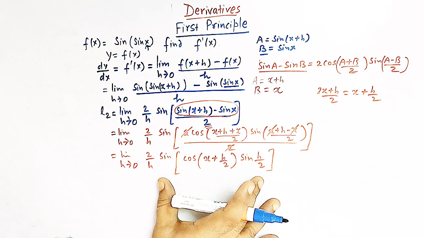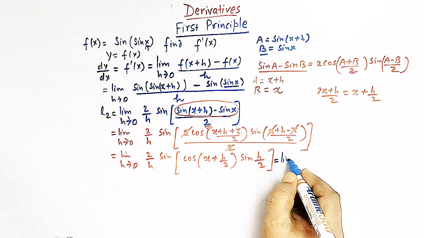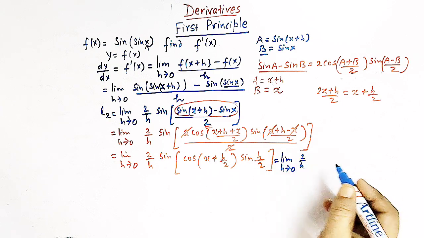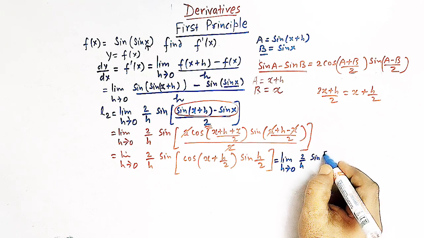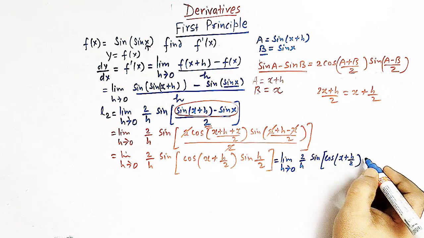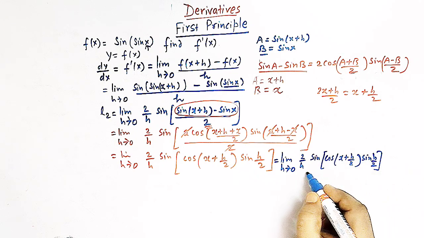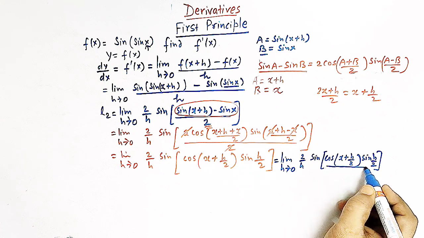So now to simplify this limit, we'll write limit h tends to 0, 2 over h. Then we have sine of cos(x plus h over 2) sine(h over 2). So we'll multiply the numerator and denominator by this term, right?